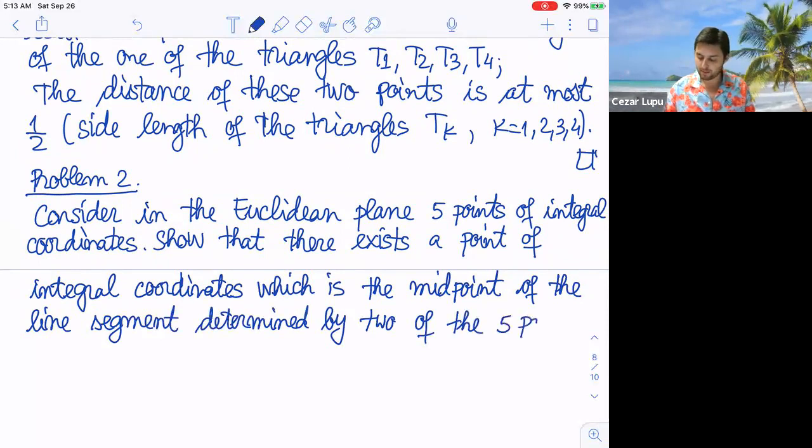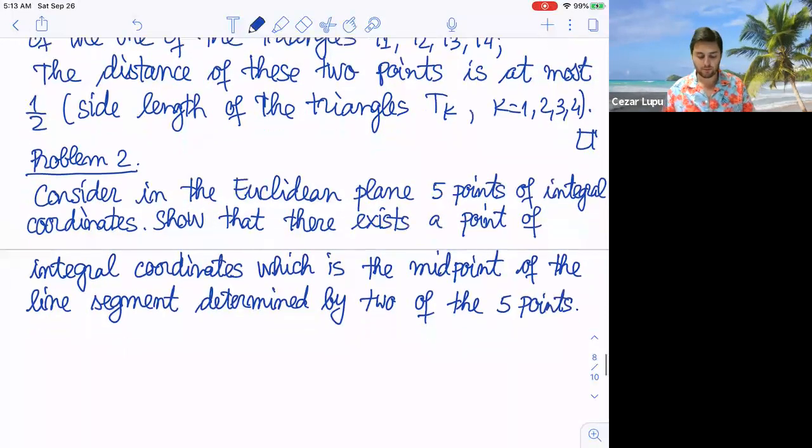All right, so that's the statement. Well, it's pretty clear what you have to do.